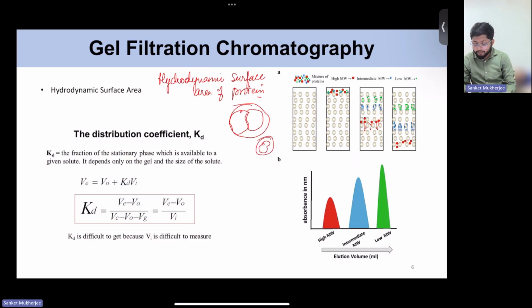So based on the molecular weight, we have different eluent fractions. The first one which elutes out after sample injection has the highest molecular weight, and the last one has the lowest molecular weight, right?